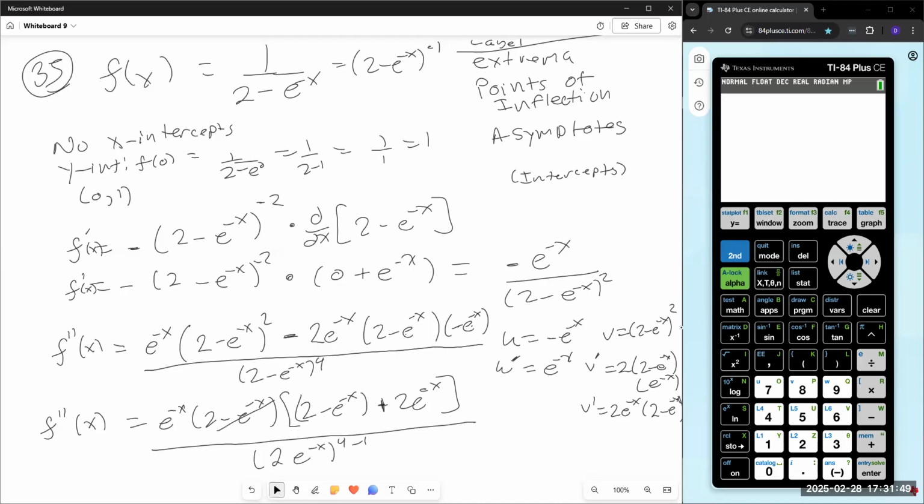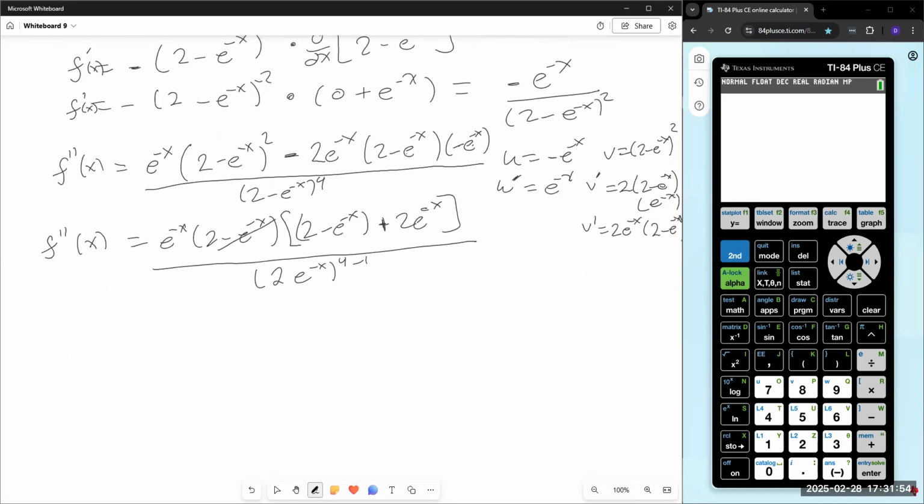This comes down as a minus 1 down there, and that makes f double prime of x equal to e to the negative x times 2 minus e to the negative x plus 2e to the negative x, which is 2 plus e to the negative x, over (2 minus e to the negative x) raised to the third.